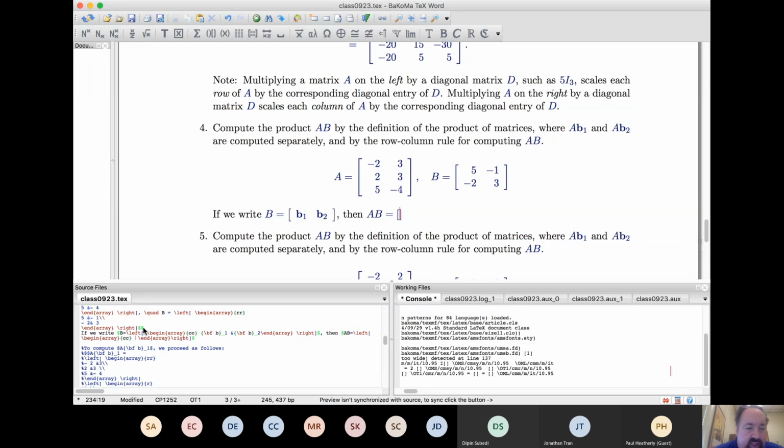So all I got to do is take each of those columns, B1 and B2, and multiplying on the left by A. So any matrix product is really just a juxtaposition of matrix vector products, which were seen in the previous chapter.